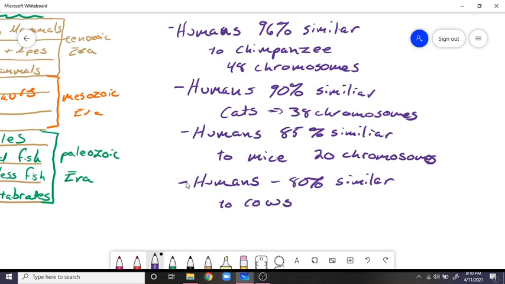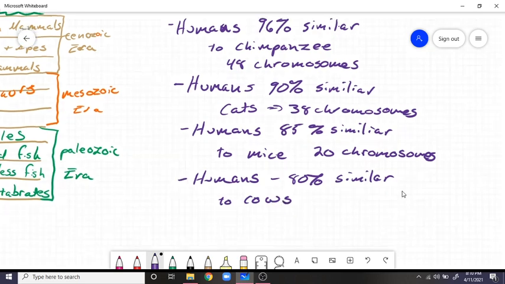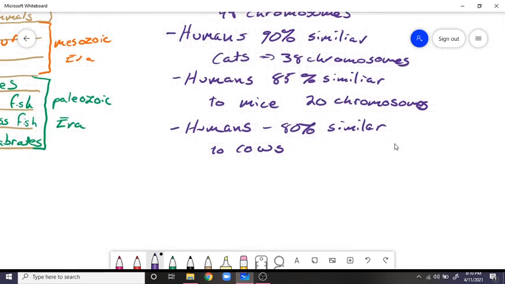And we are 80% similar to cows. So when I'm talking about us being similar, we look nothing like a cow. How can we be similar? Cows have about 22,000 genes.